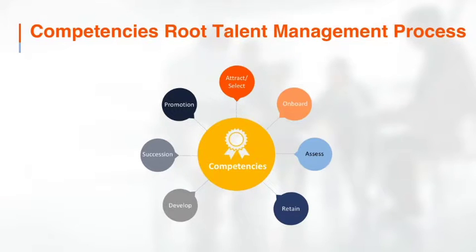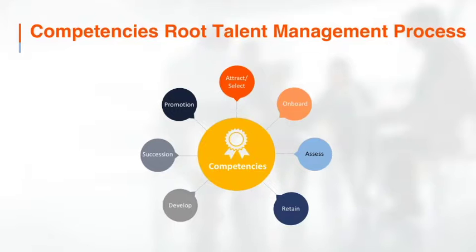Same with onboarding programs. How do we introduce talent to the strategy, to the culture, and to the behaviors that are predictive of success in this organization, manifest through the competency model?